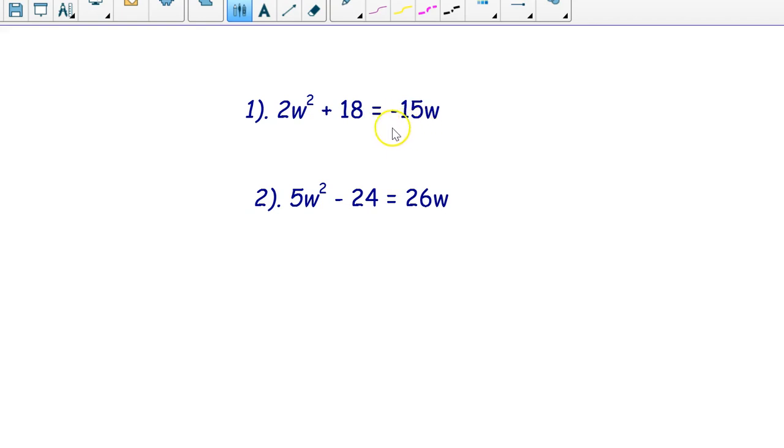Because of the -15W, add 15W on both sides, bring it into standard form, and follow the same steps as we did for the example problem, solving for W. The next one is 5W² - 24 = 26W. We have to get rid of the 26W from the right hand side. You can do it by subtracting it on both sides, bringing it into standard form, and solving it. Please try to answer these two problems. Thank you.